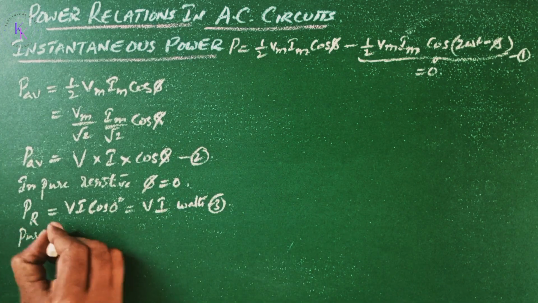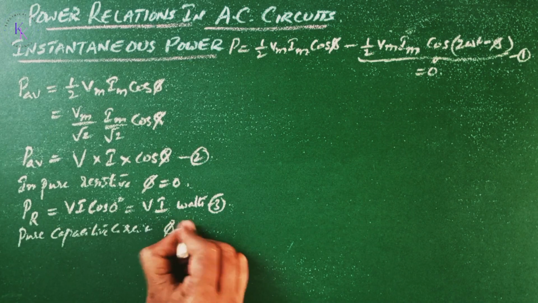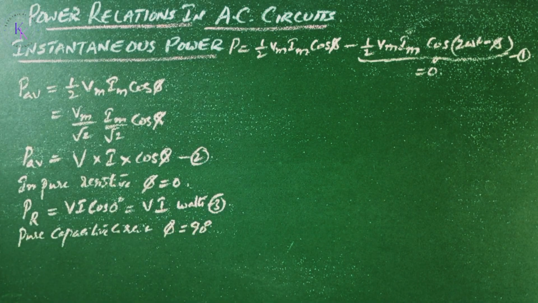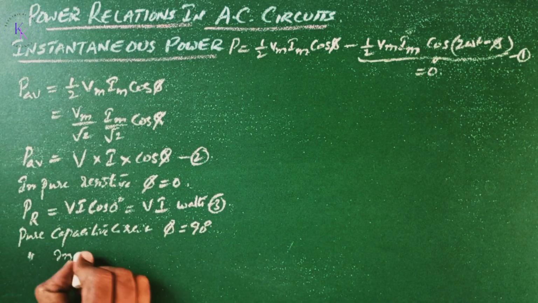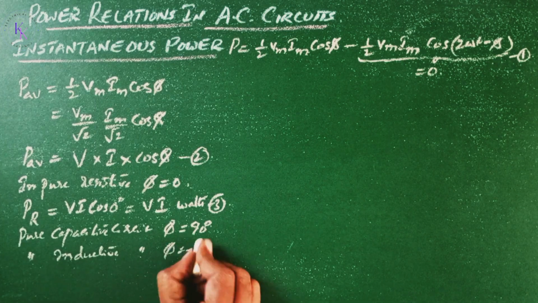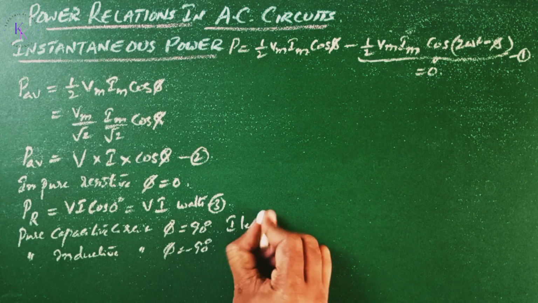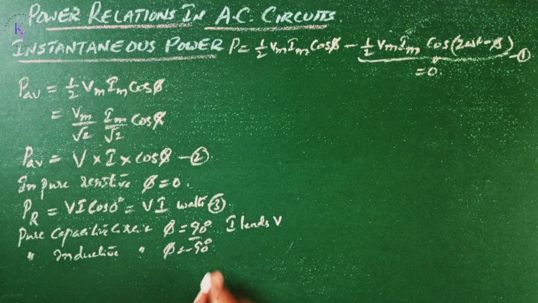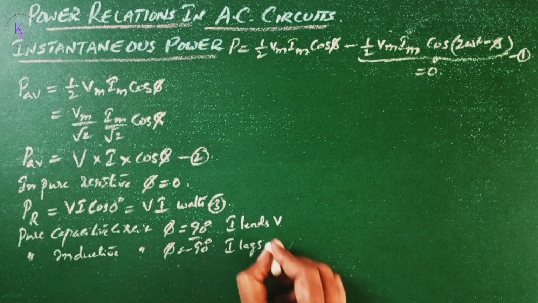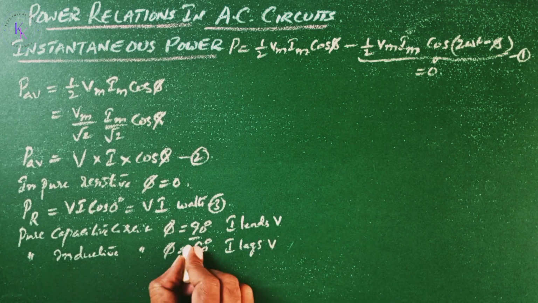For a pure capacitive circuit, phi equals 90 degrees, and for a pure inductive circuit, phi equals minus 90 degrees. In the capacitive circuit, current I leads voltage V by 90 degrees, and in the inductive circuit, current I lags V by 90 degrees, which is the minus value.